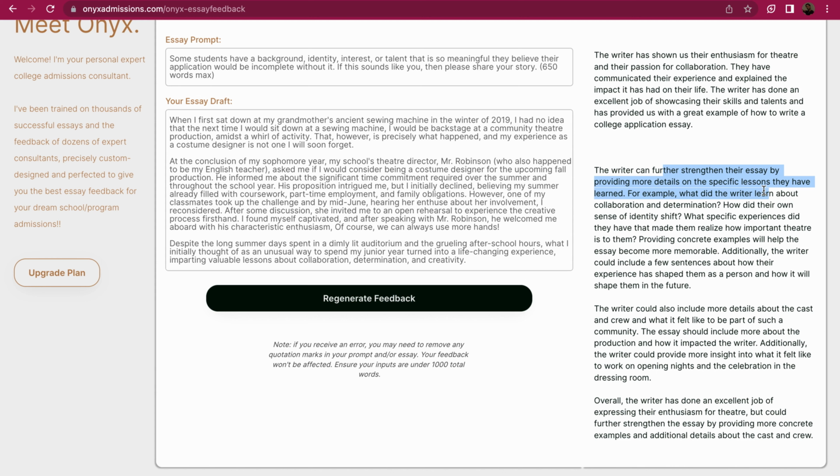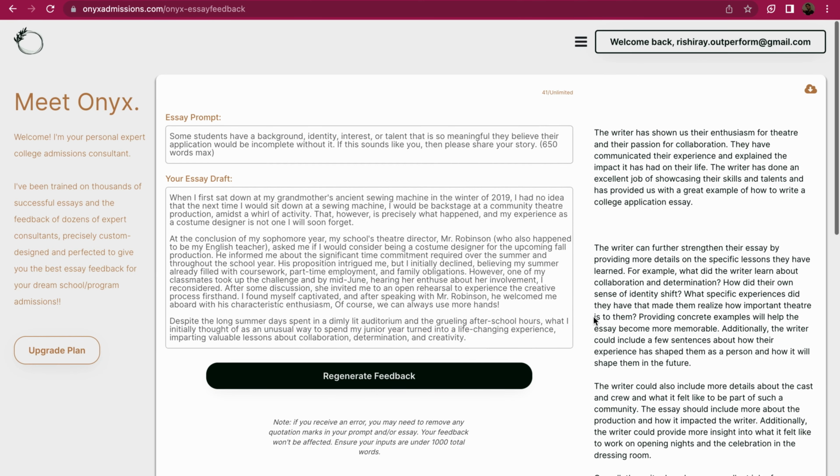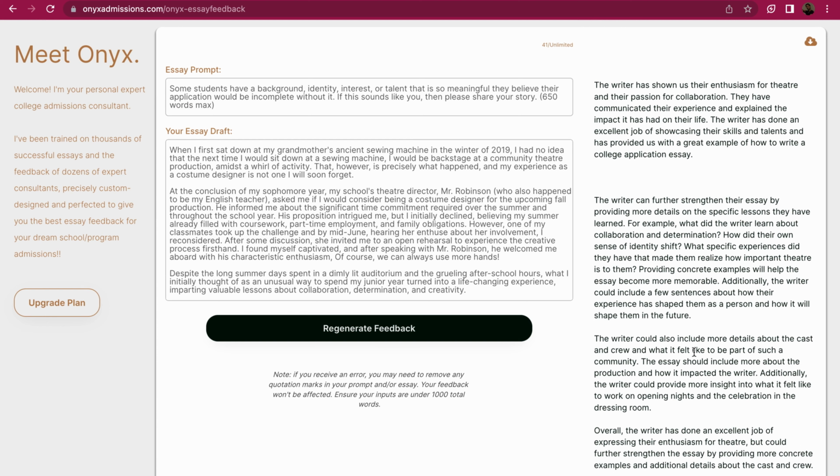The essay should include more about the production, how it impacted the writer, and even a third point, which is what about the insights can we expand upon? What it felt like to work on opening night, celebration, all those components that aren't explicitly said in the essay, but are expanded upon to address what those experiences could be to make this essay so much more powerful.